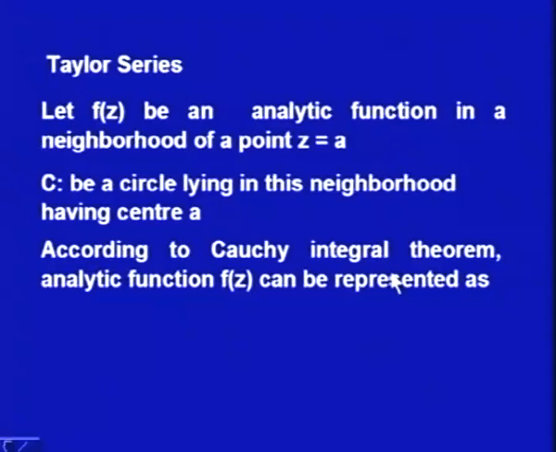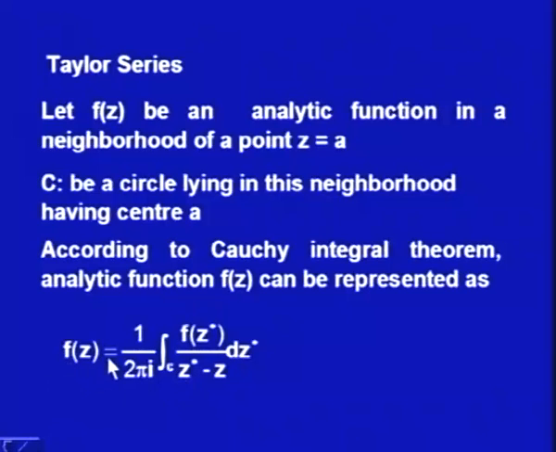According to Cauchy's integral theorem, the analytic function f(z) can be represented as f(z) equals 1 upon 2 pi i times the integral over the closed curve C of f(z*) divided by z* minus z, times dz*. That means we are integrating this integrand over the curve C.